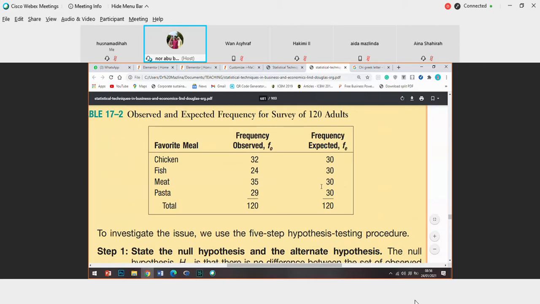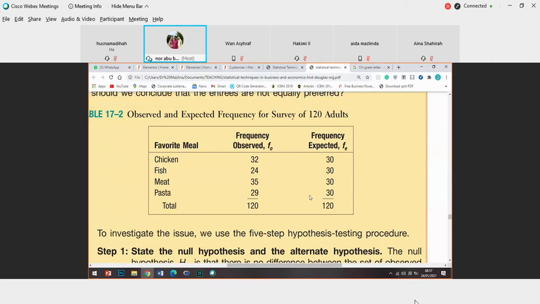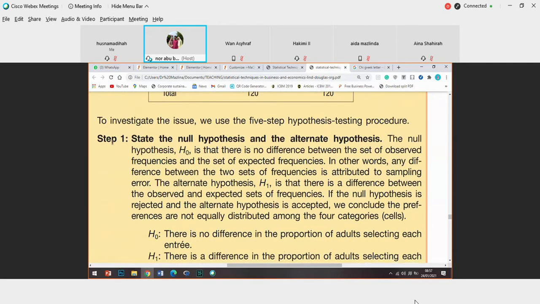Jadi sebenarnya chi-square test ni adalah salah satu soalan yang akan ditanya lah dalam peperiksaan akhir and it is very simple but carry a lot of marks. Okay, why? Because students selalu lupa nak tulis step 1.